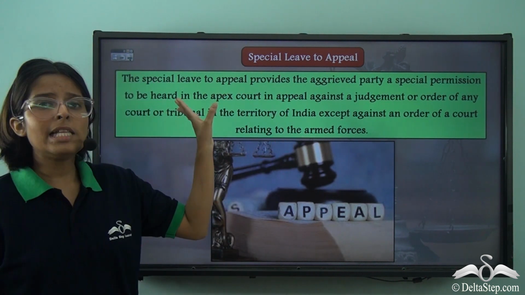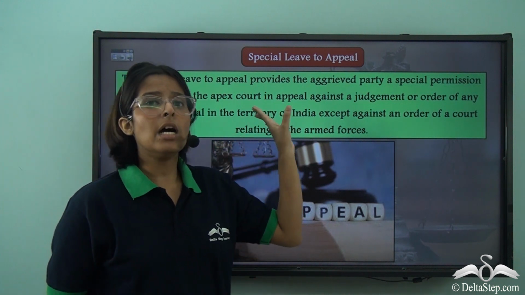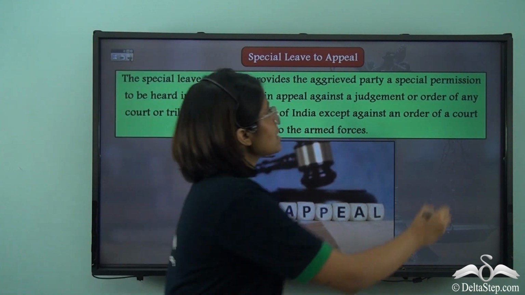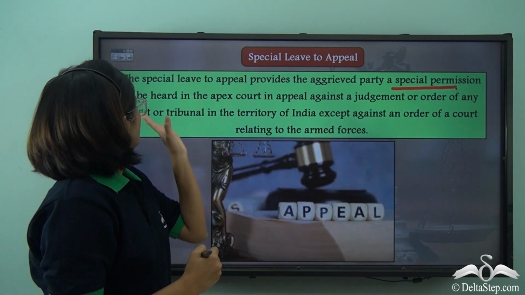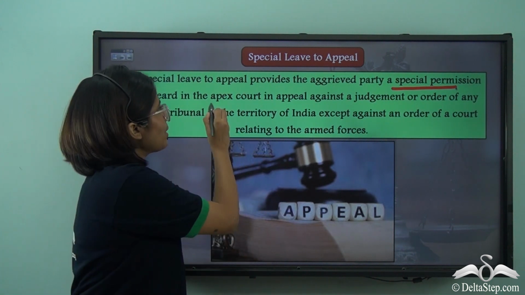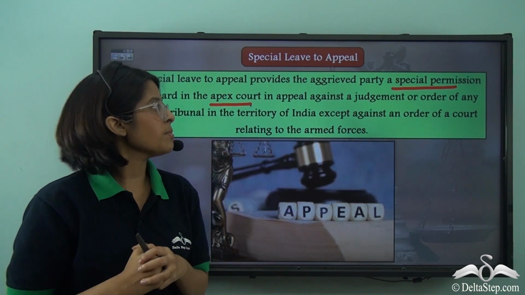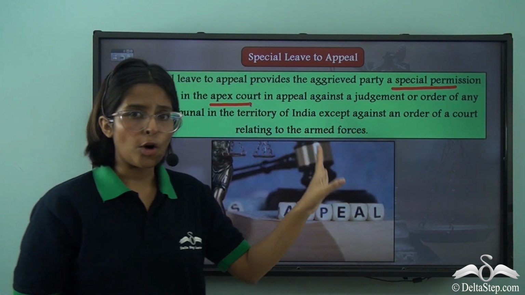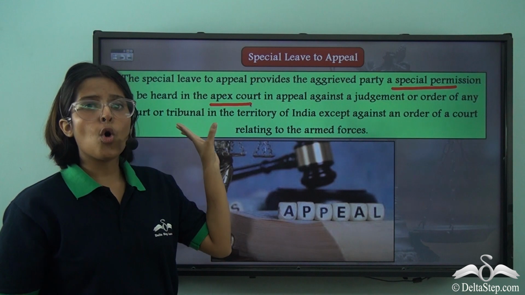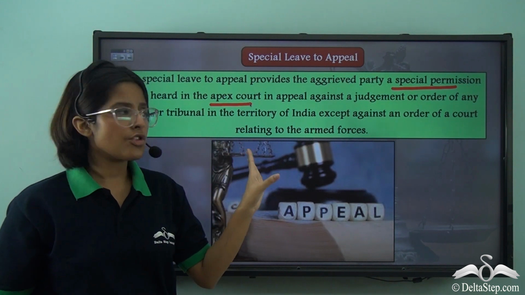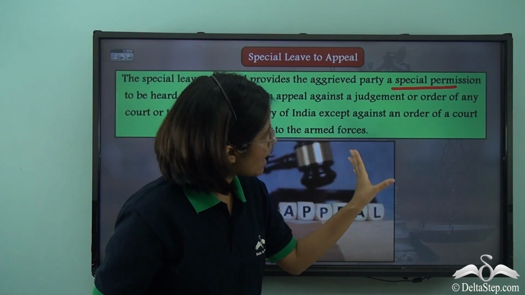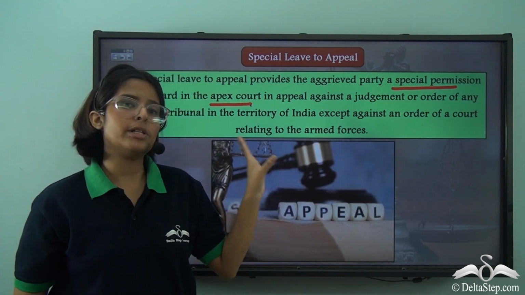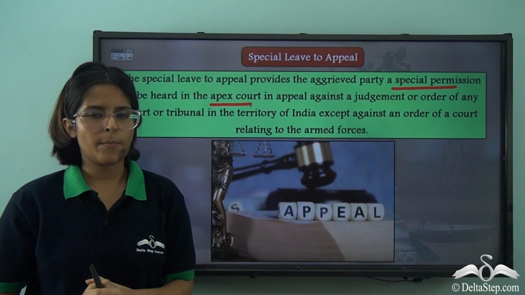So, the special leave to appeal provides the aggrieved party a special permission to be heard in the apex court, that is the Supreme Court, in appeal against a judgment or order of any court or tribunal in the territory of India, except against the order of a court relating to the armed forces.